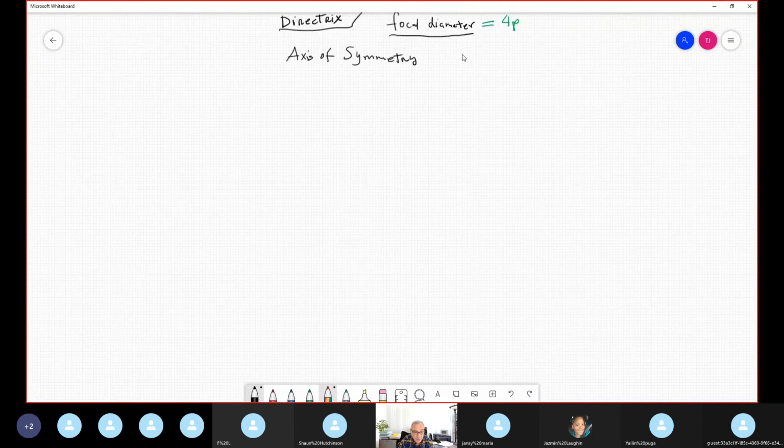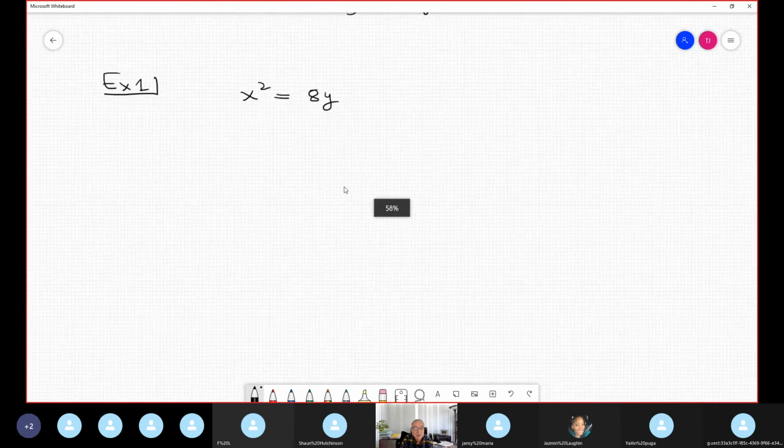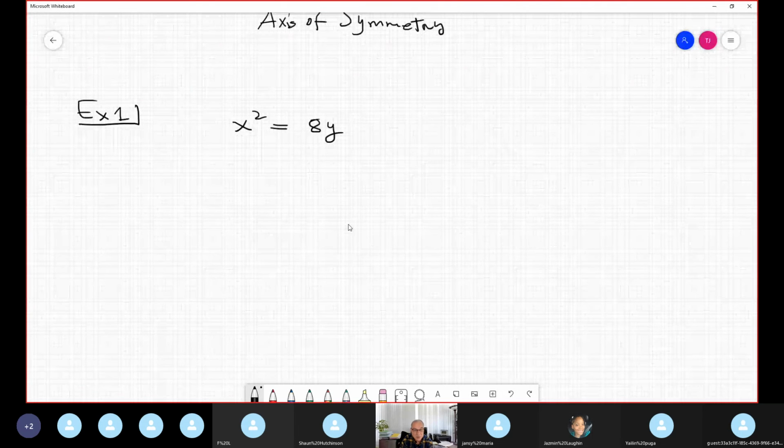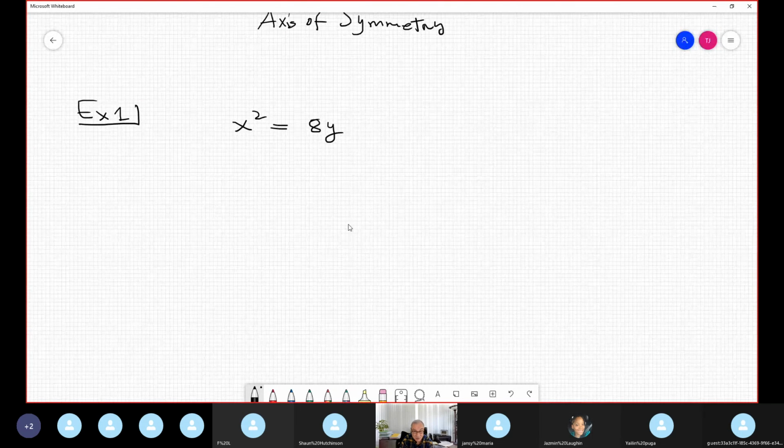Okay, example 1 of the parabola. Example 1 is x squared equal 8y. What is the question? The question is do the graph and determine everything important in this parabola. Everything, guys.